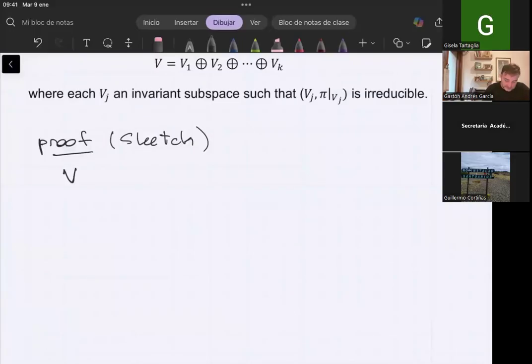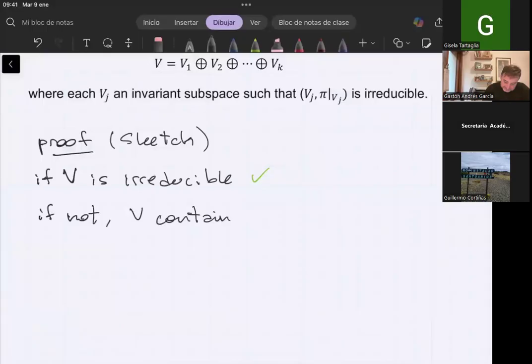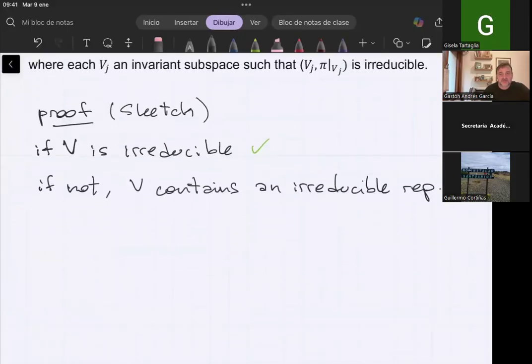If V is irreducible, we don't have to do anything because it's already irreducible. If not, V contains a sub-representation which is not zero.